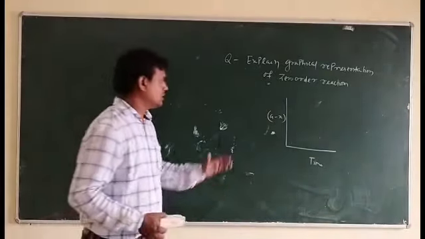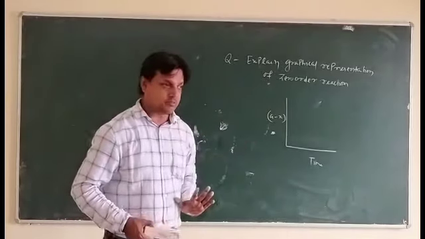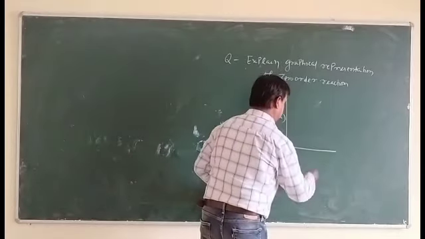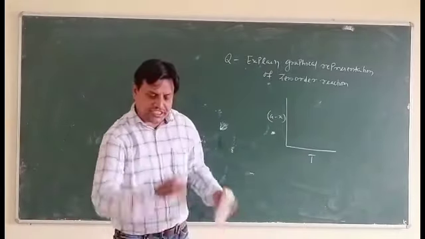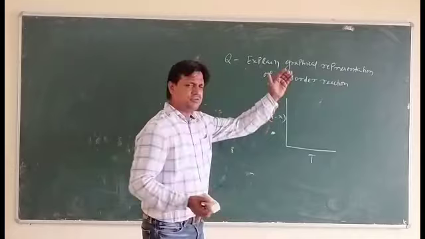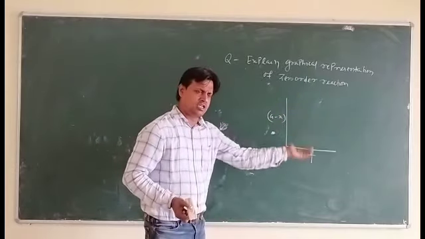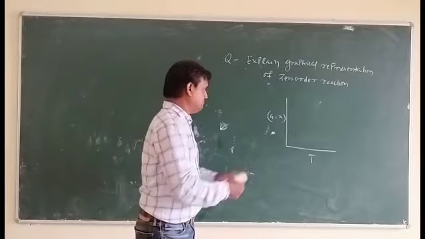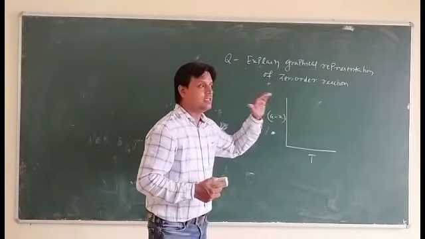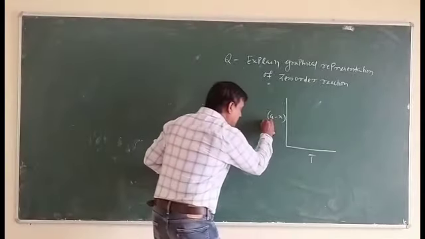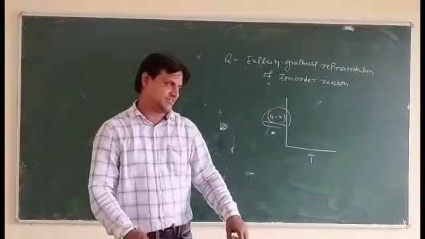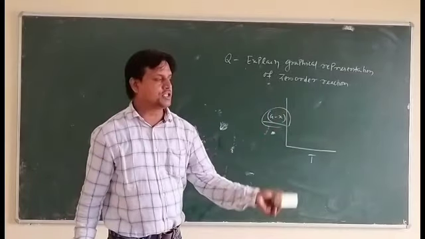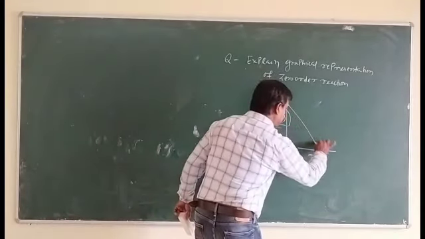So A minus x is the final concentration of reactant. With increasing time, for any order reaction, maybe zero order, first order, second order or third order, the value of x increases, so the value of A minus x decreases. So the plot will be this type.